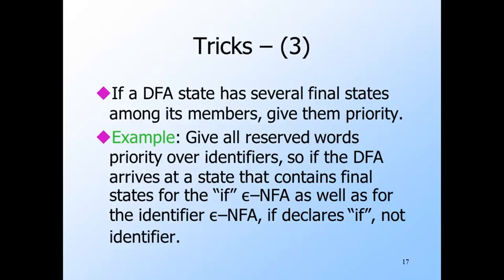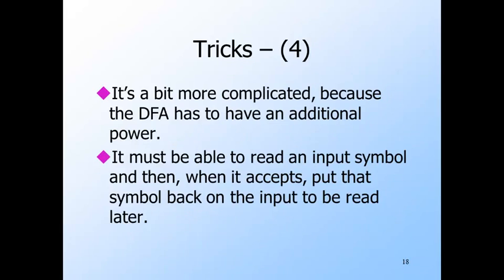But the fact that if takes priority over identifiers says that this token should be treated as a reserved word and not as an identifier. However, to make all this work right, the DFA actions need a special ability. The ability to take an input symbol it has read and put it back at the front of the input stream. That input will then be read again, typically the next time the lexical analyzer is told to look for the next token.